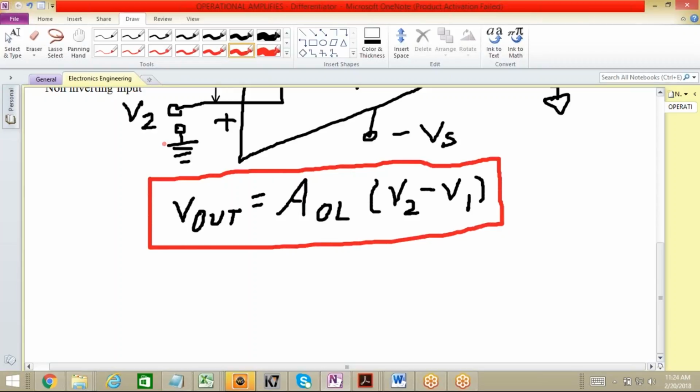Now, if we talk about the differential amplifier, what is the differential amplifier?